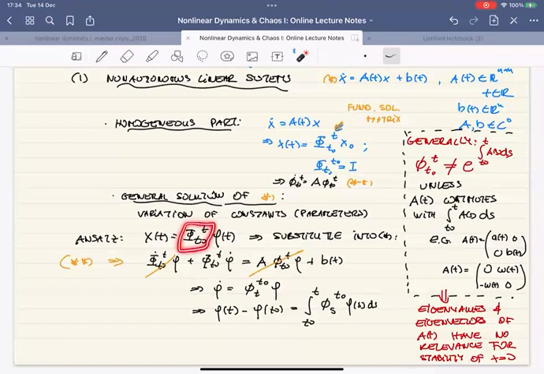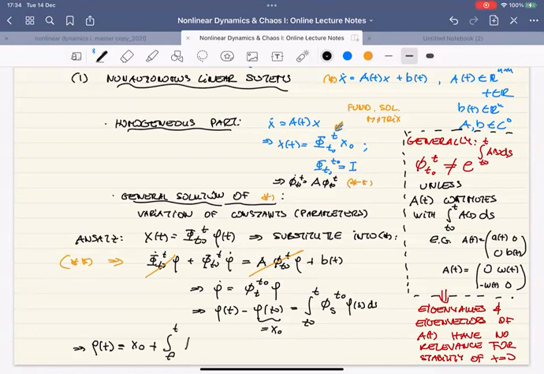And of course, the way I've started, I have to respect the initial condition, because let's look at what this guy is, the identity at T equals T naught, right? So then x at T naught, which is x naught, my initial condition, must be equal to phi at T naught. So from this one, I obtain therefore that phi of t equals x naught plus the integral from T naught to T phi s T naught, phi b.